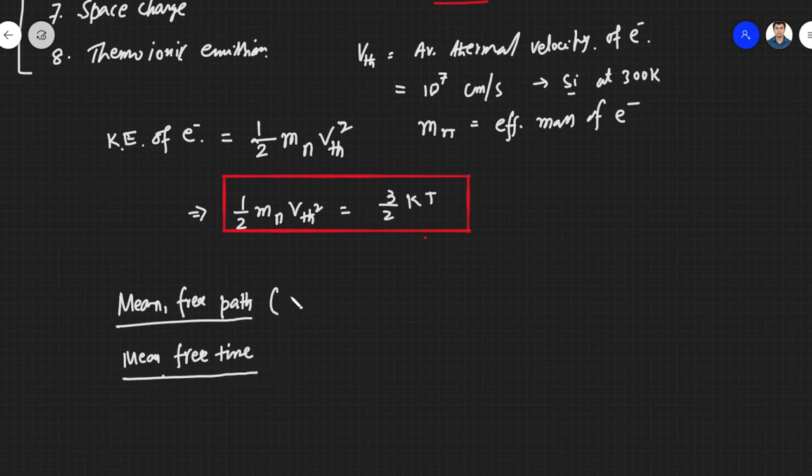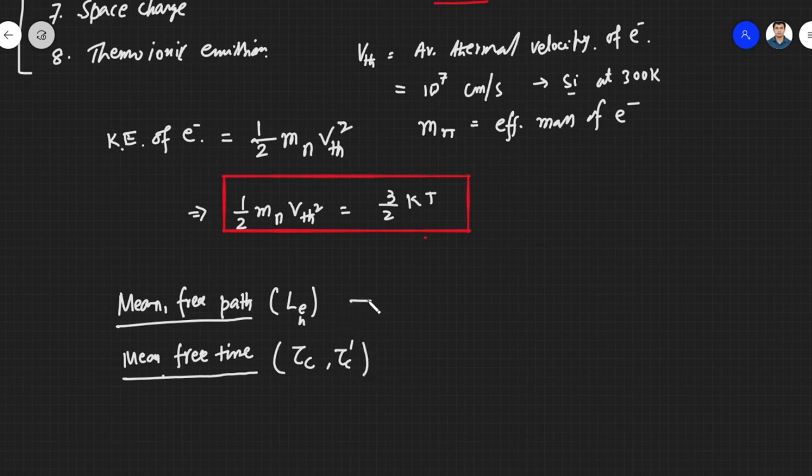Mean free path, we generally define as L, Le for electron, or LH for hole. And similarly, mean free time is tau c for electron and tau c prime for holes.